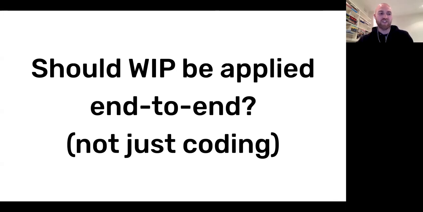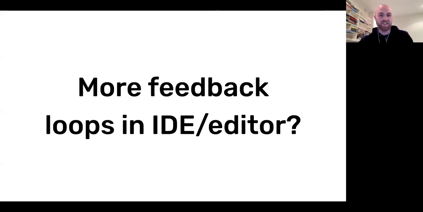So we actually wait for a feature to start being used to get actual metrics before we move on to the next feature. Maybe work in progress should be completely end to end: we wrote this line and it's used in production by 100% of users of this website. Maybe that's a thing. So yeah, more feedback loops in the IDE editor would be nice.